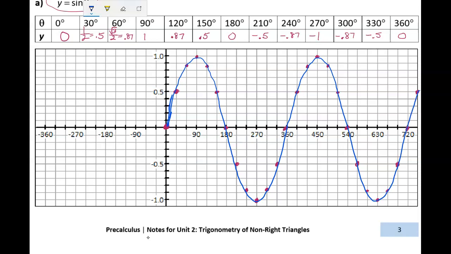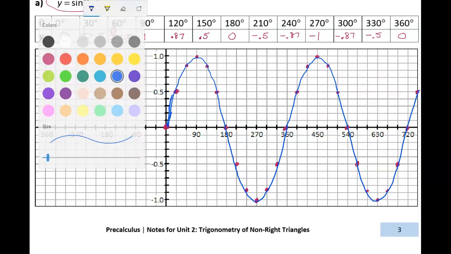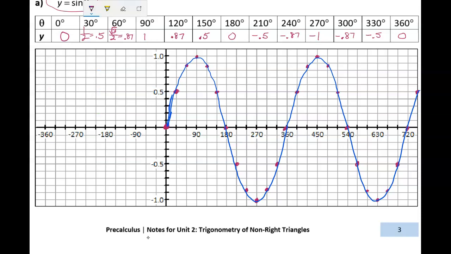Now there's more to this grid that we can certainly fill up. We can go back in the other direction and graph another cycle. And it's the exact same pattern that happens over and over again.